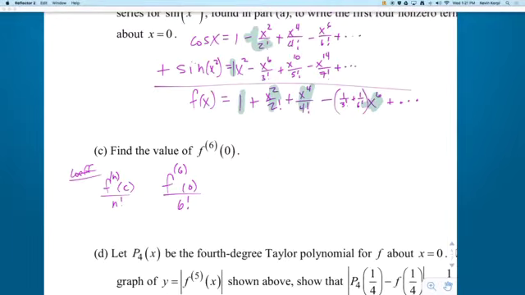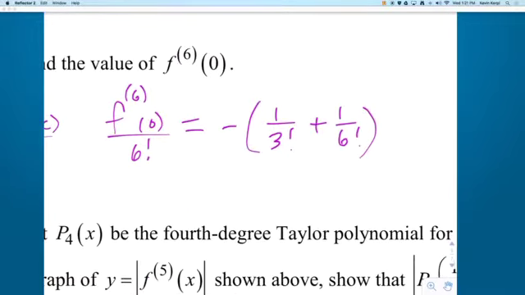Well, we already know what f of x is. So what is the coefficient of x to the sixth? That should equal negative 1 over 3 factorial plus 1 over 6 factorial. And so all we need to do, if they're asking for this, they're asking for the numerator of the coefficient. So what we've done here is essentially we've reintroduced Taylor's theorem, and then we brought in the coefficient from our polynomial that we created, and we just equated the two.